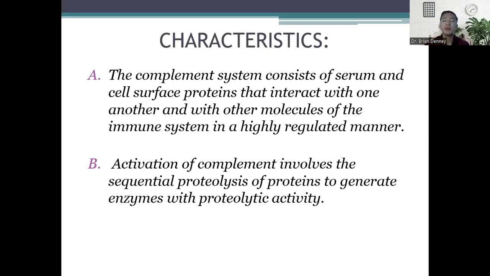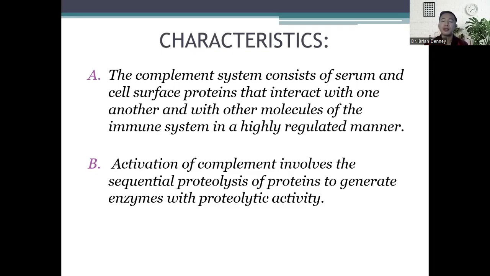Proteolysis, from the word proteo meaning proteins, lysis meaning breakdown. So from the zymogen, the bigger inactive cell, we break it up through the process of proteolysis, and from that, it causes activation of your complement proteins, and they are now ready.